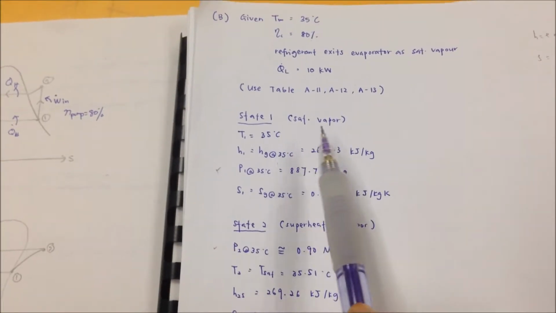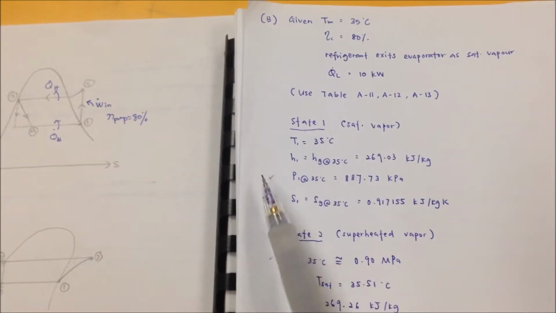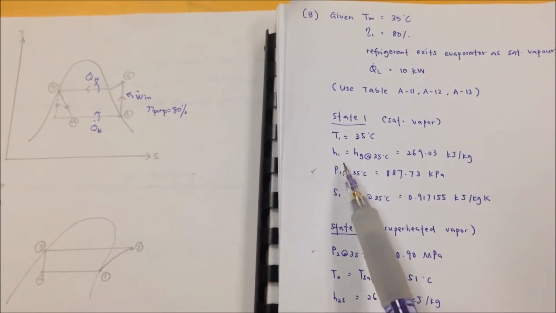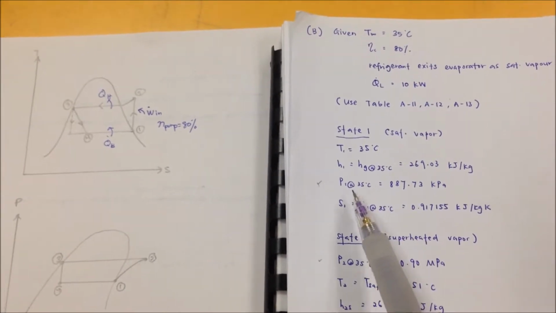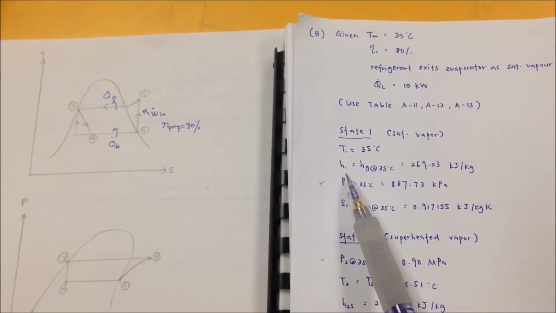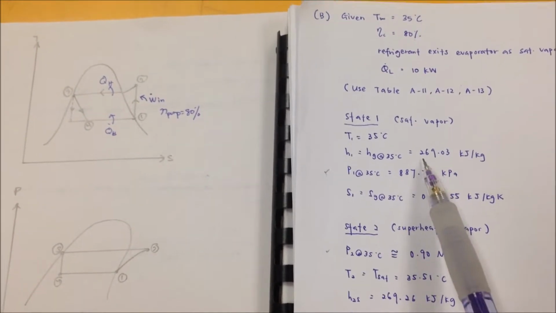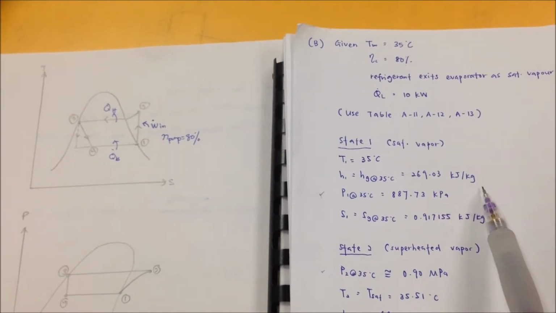As the refrigerant exits as saturated vapor at state 1, we can identify the enthalpy, pressure, and entropy for that state. The enthalpy for state 1 is 269.03 kilojoule per kilogram.